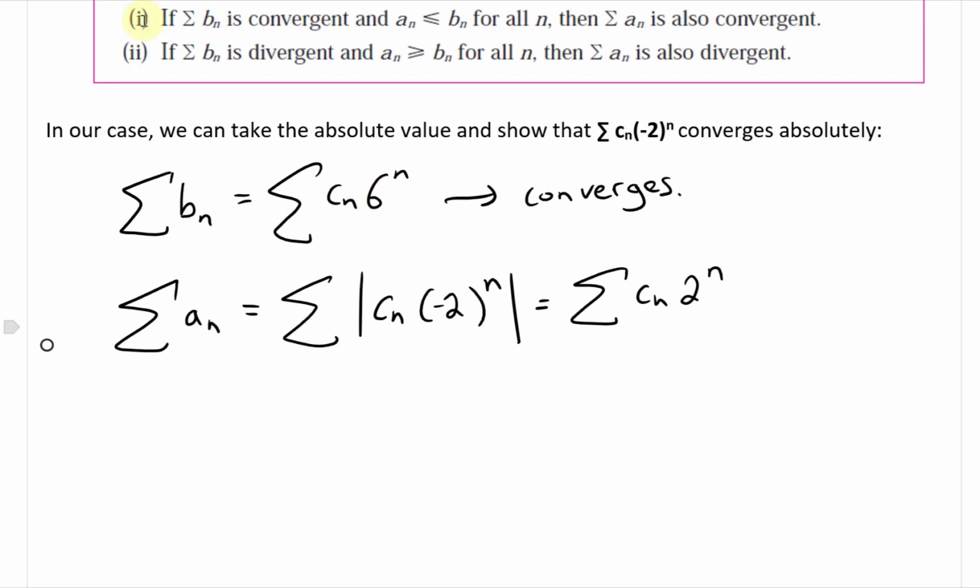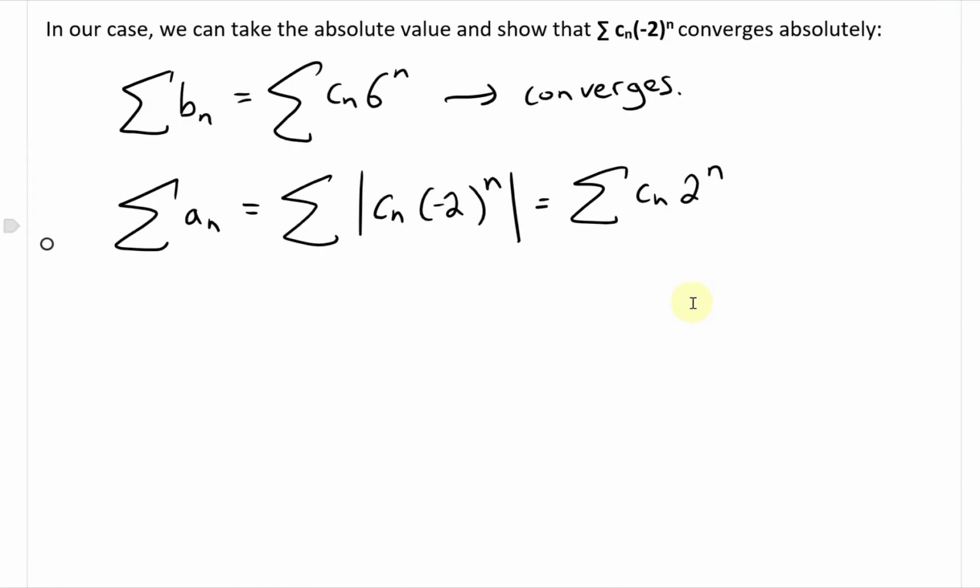So then we take the absolute value of this, and the Cn means it's positive. This one, negative 2 to the power of n, just becomes positive 2 to the power of n. Now what we have is these terms, a_n is less than or equal to b_n, since the only thing that matters is these two.